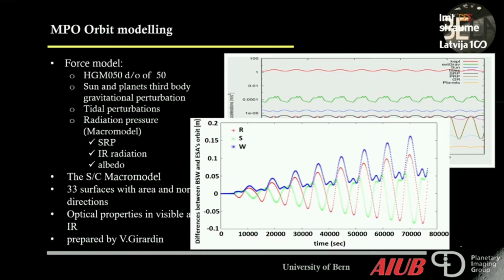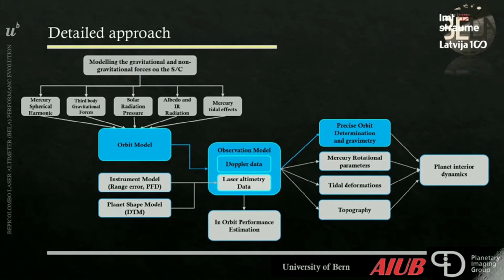This is a comparison between our modeled orbit and ESA's orbit. You can see that after 1 day of propagation, we have an error at the level of centimeters. After we have the orbit, the next step for us was to create a synthetic observation model based on this orbital model.